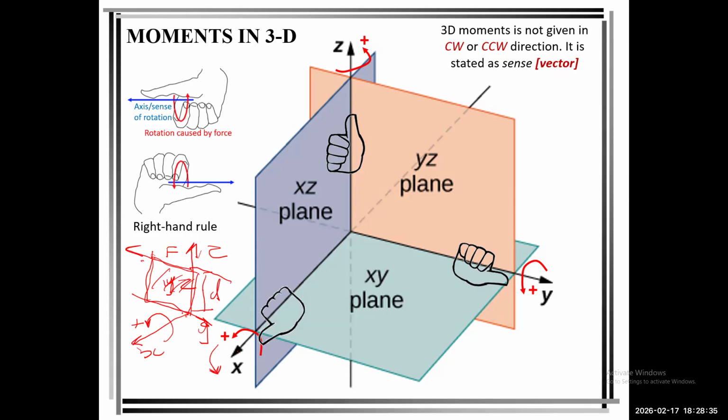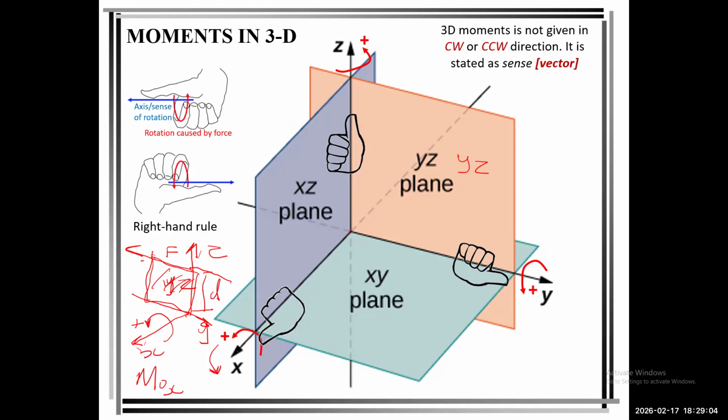But where's your moment? The moment is always perpendicular to the plane. So the FD is in this plane, the YZ plane, while the actual moment itself is perpendicular to that. So this is your moment down here, and this moment is in the X direction, and it's turning in the positive sense.